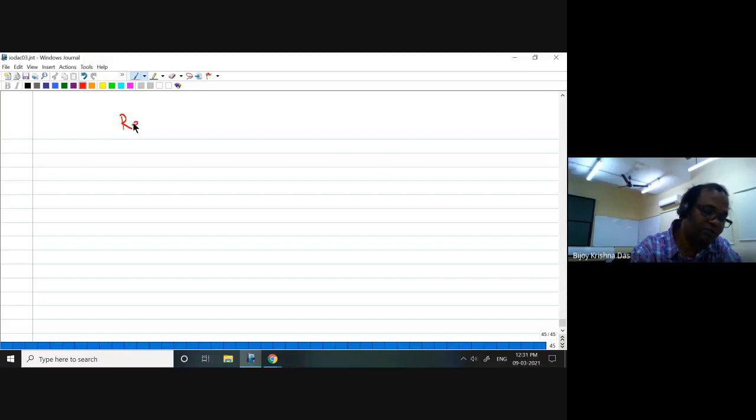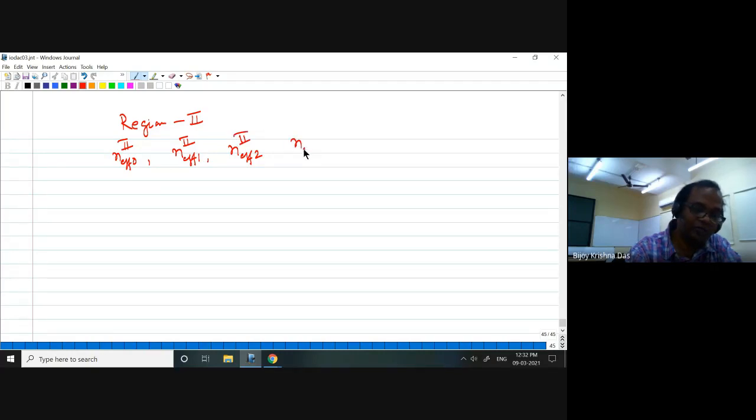Region 2 also you can use for TE mode. Then you will be getting n effective 0 for region 2, n effective 1 for region 2, n effective 2 for region 2, n effective 3 for region 2.